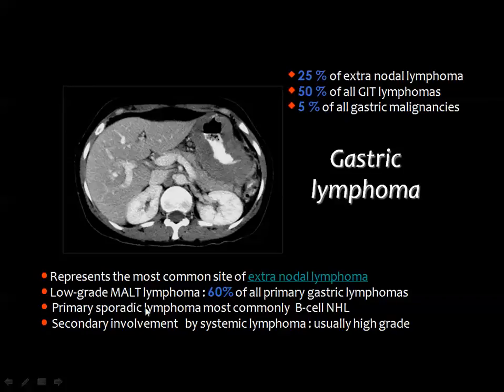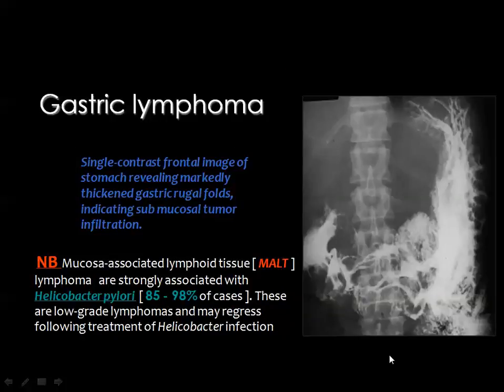And you know that primary lymphoma is rare, but secondary lymphoma is more common. The relation of GIT lymphoma with Helicobacter pylori infection is high, and it is seen here in about 85 to 98% of the cases.